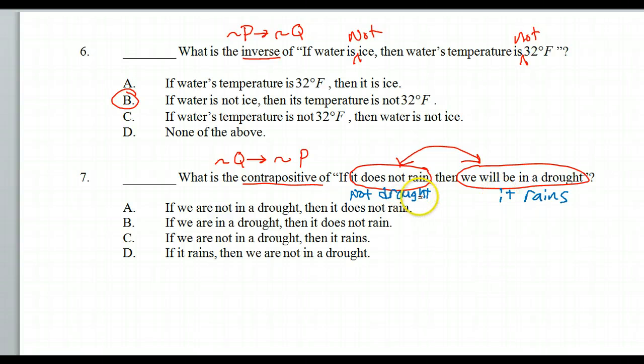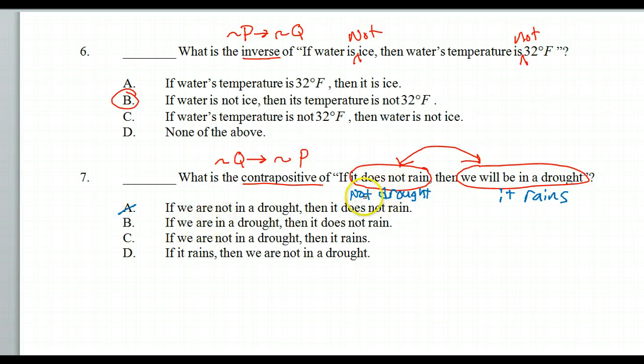So we're looking for something that says if you're not in a drought, then it rains, or something like that. So let's see, if we're not in a drought, then it does not rain. That's close, but we need to negate this not raining thing and make it a positive statement that it does rain. So it's not A.